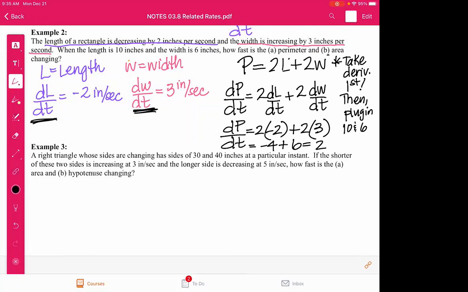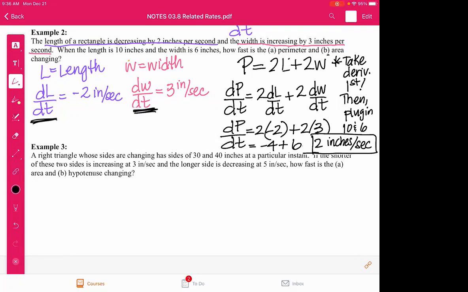It's changing at 2, and then since these are application problems, we always put a label on our answer, okay? We were talking about inches per second. Okay, so the perimeter is changing at 2 inches per second. And that's how you do that one, okay?